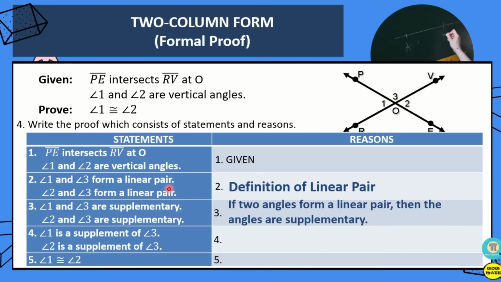Since nabanggit mo dito sa statement mo na si angle 1 and angle 3 and angle 2 and angle 3 form a linear pair, ibig sabihin, kung linear pair sila, then they are supplementary. Pwede mo yun ilagay sa susunod mong statement. Kaya ang magiging reason mo dyan, if two angles form a linear pair, then they are supplementary.